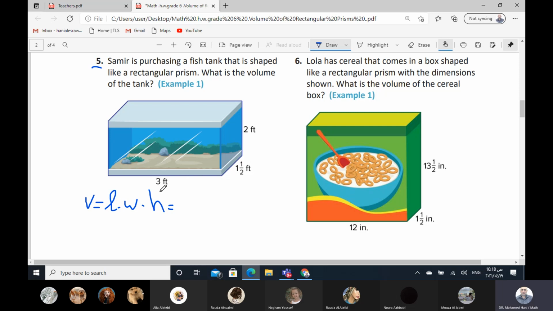So the length will be 3 times the width, 1 and 1 over 2. Change it to a fraction: 1 times 2, 2 plus 1, 3 over 2. 3 over 2 times the height, which is 2.